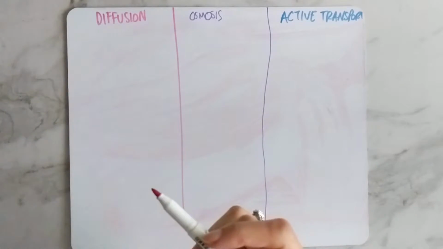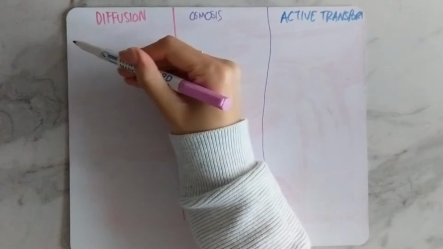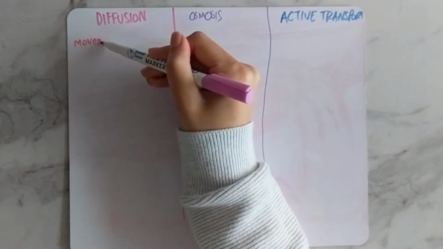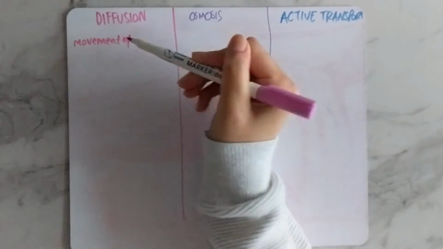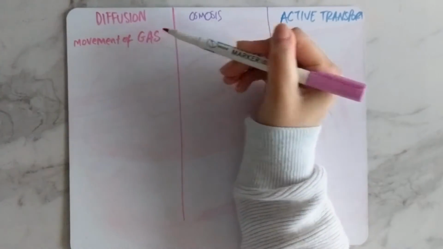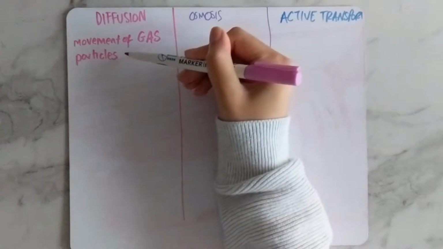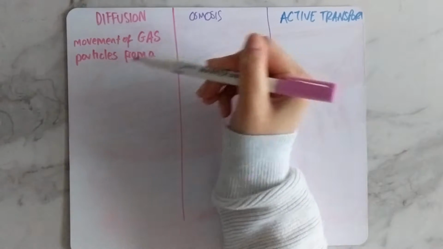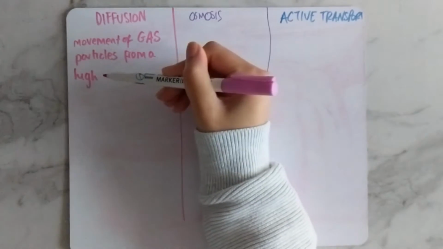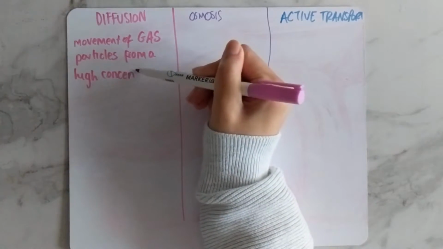So diffusion, the official definition is the movement of gas particles, keyword being gas, from a high concentration to a low concentration.